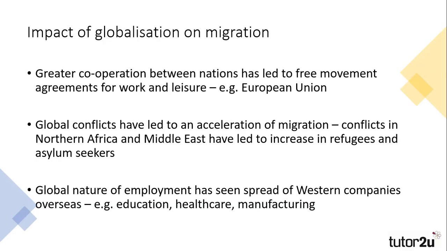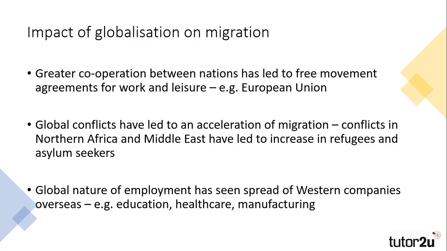One of the reasons for the increase in migration has been globalization. Greater cooperation between nations has led to free movement agreements for work and leisure. An example of this is the European Union, which, after the UK agreed to free movement, saw a growth of migration both into and out of European nations. Global conflicts have also created an acceleration of migration.